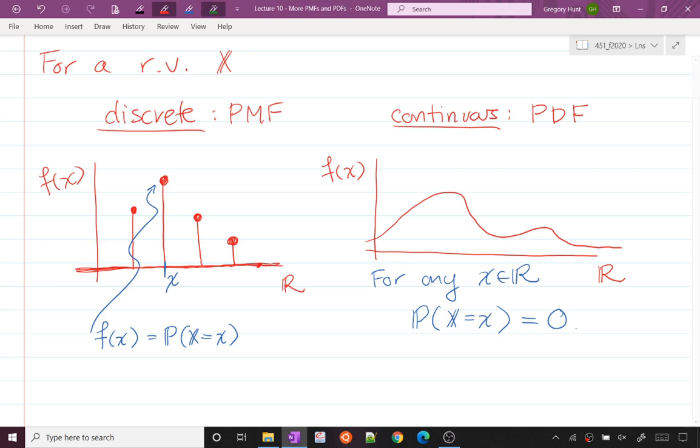And the value of this function, so if this is some value, let's say little x, then the value f of little x here is what we call the density of my random variable at this little x value.